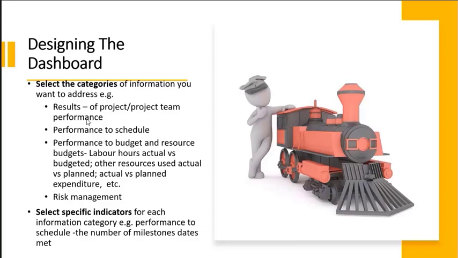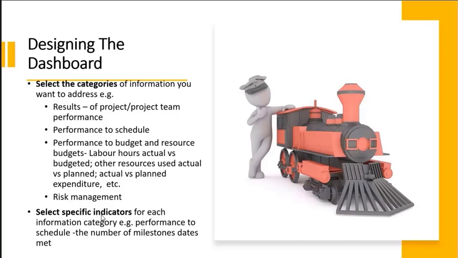For example, results of either the project or the project team or both, performance to schedule, performance to budget and resource budgets, for instance, labor hours versus actual budgeted, other resources used, actual versus planned expenditure. We should look at probably risk management.